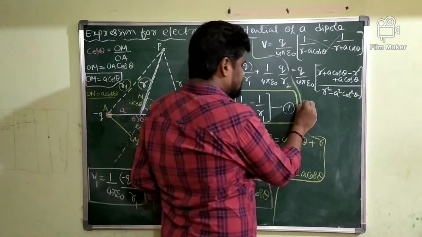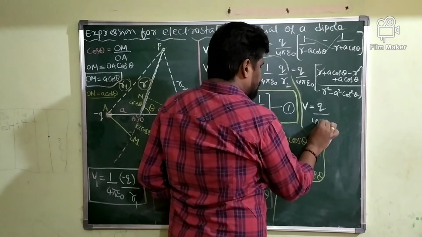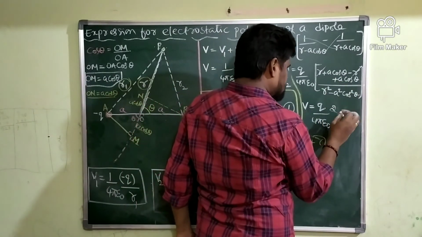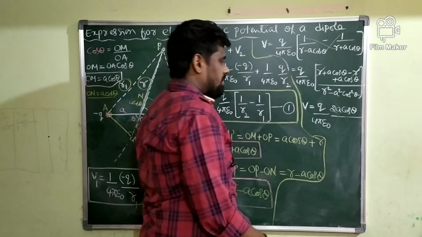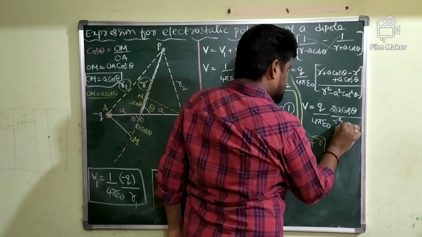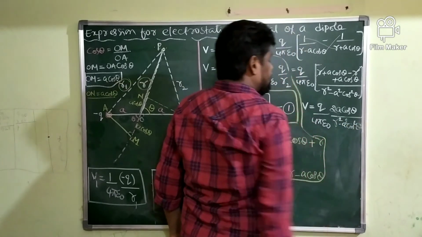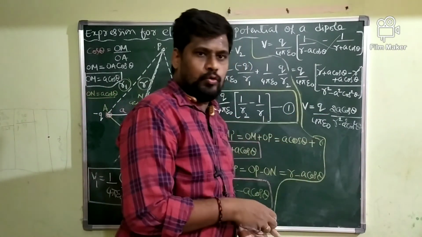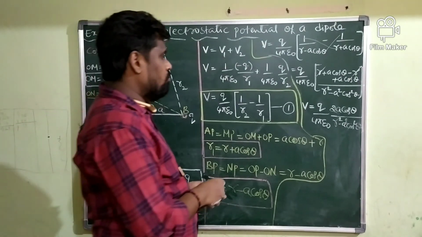Therefore, V is equal to Q by 4 pi epsilon naught, into 2A cos theta divided by R square minus A square cos square theta. Next, you know very well, Q into 2A is called P, that is dipole moment.